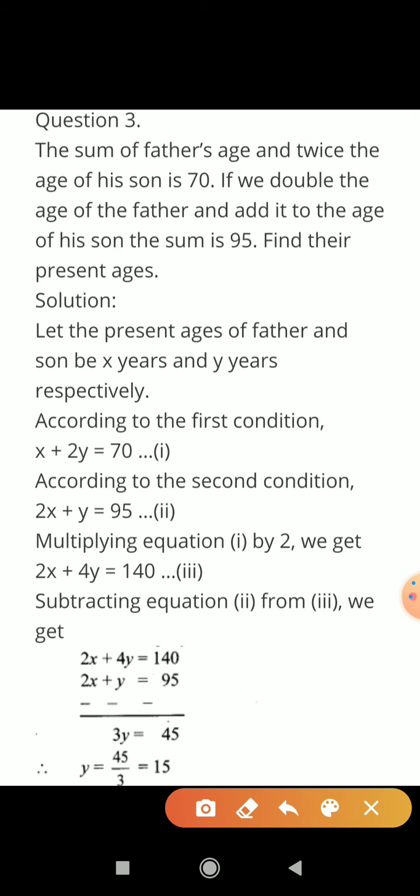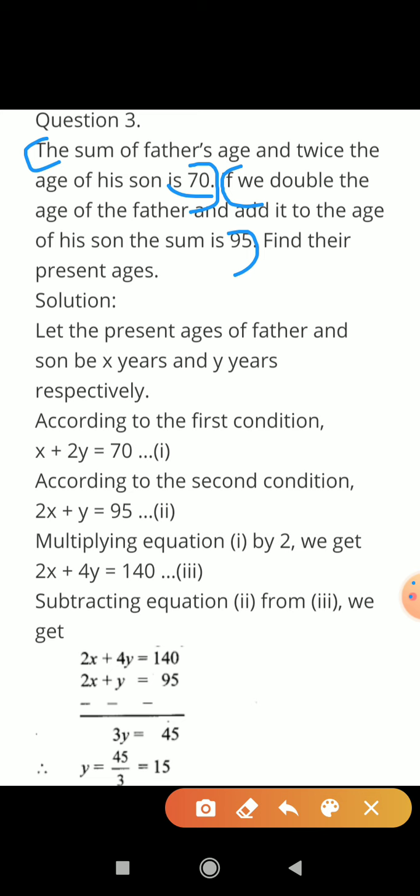Read the question. The sum of father's age and twice the age of his son is 70. If we double the age of father and add it to the age of his son, the sum is 95. Find their present ages. Here also two conditions are given. This is the first condition till the 70, and the second condition starts from this.